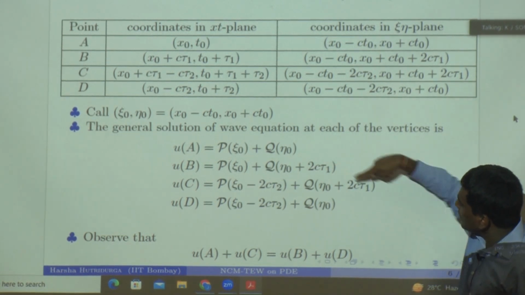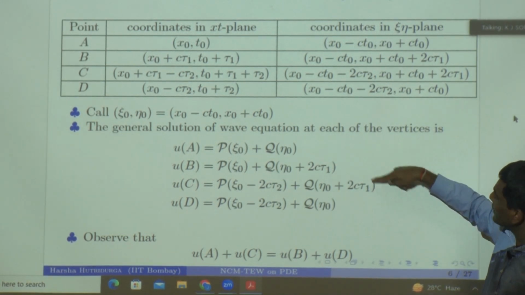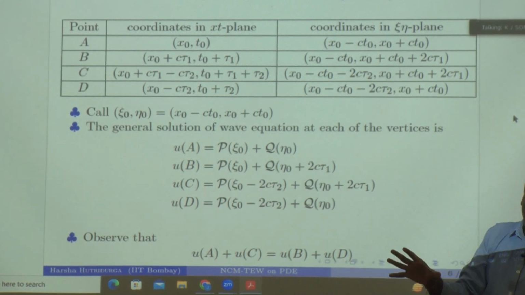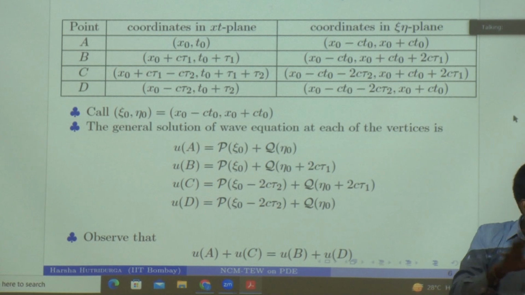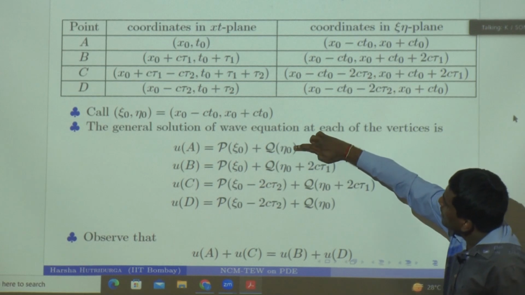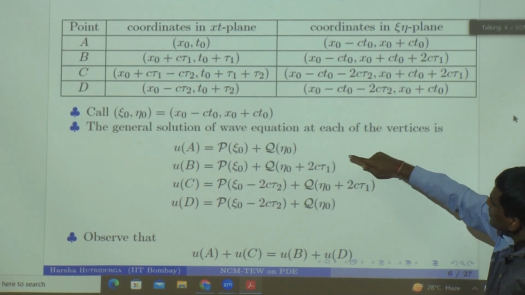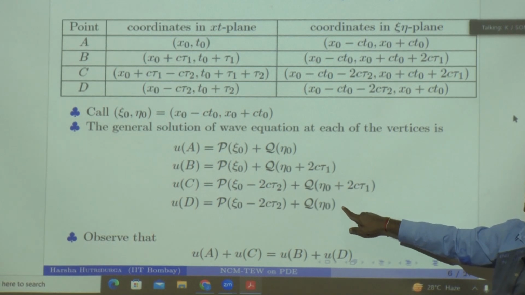If I sum this fellow and this fellow, and if I sum the value of u at B and u at D, you get the same exact value, once p and q are fixed, because you are thinking of a general solution for a given problem. Now, the value of u at A plus the value of u at C is the same as the value of u at B plus the value of u at D.